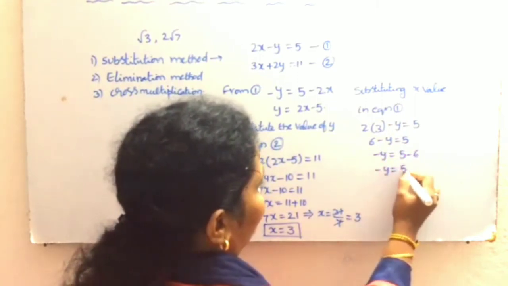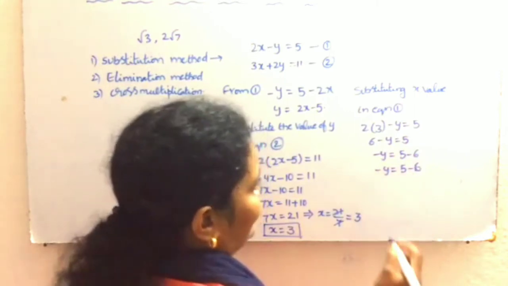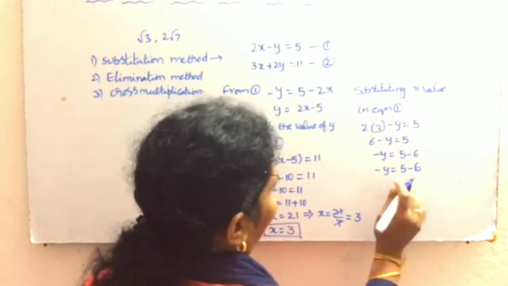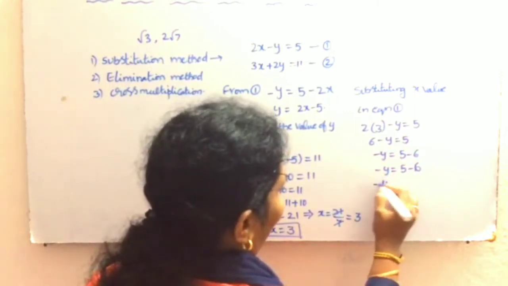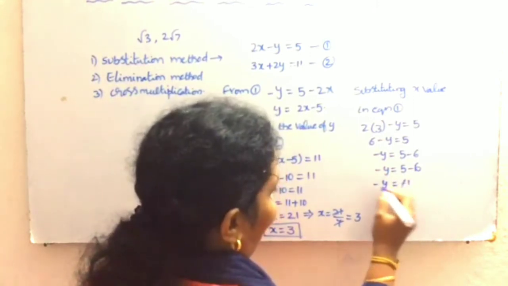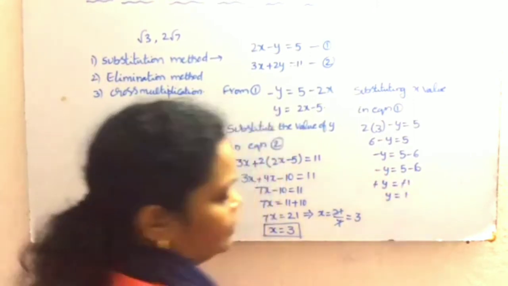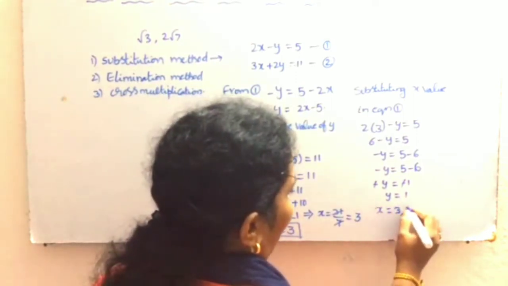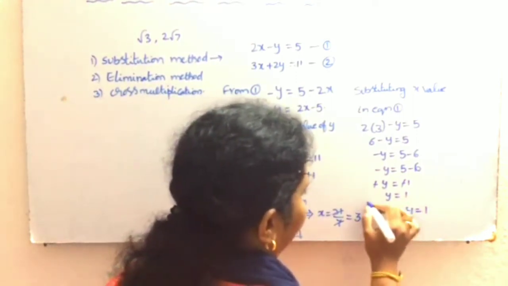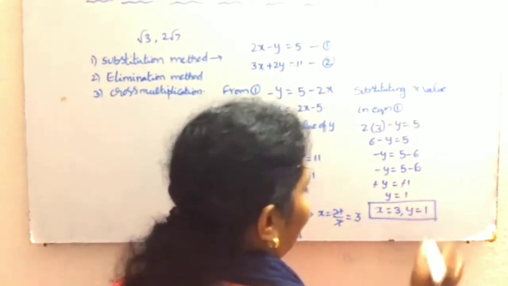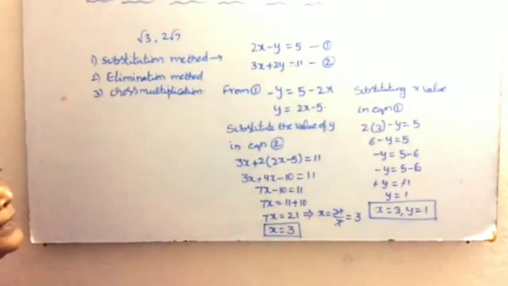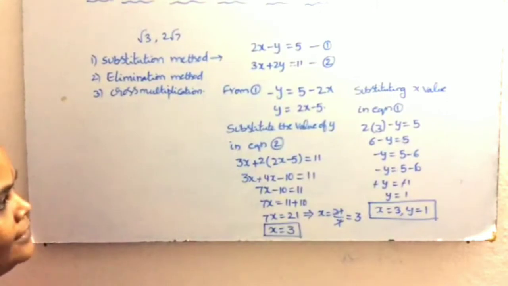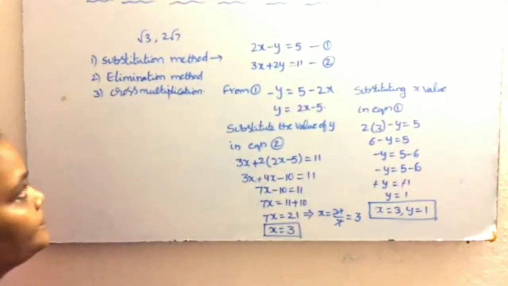So minus y equal to minus 1. The minus signs cancel and y equal to 1. Then the solution is x equal to 3 and y equal to 1. This method is known as the substitution method.